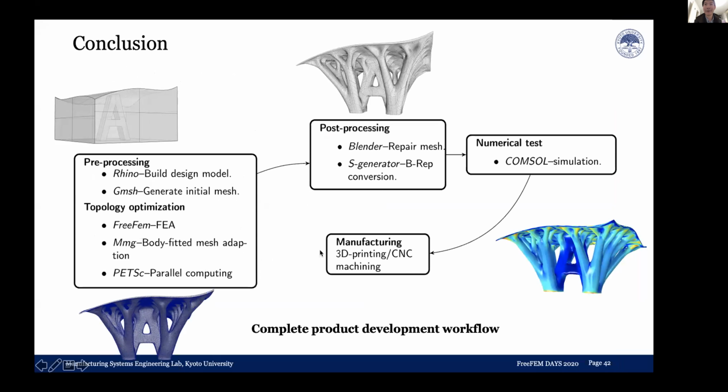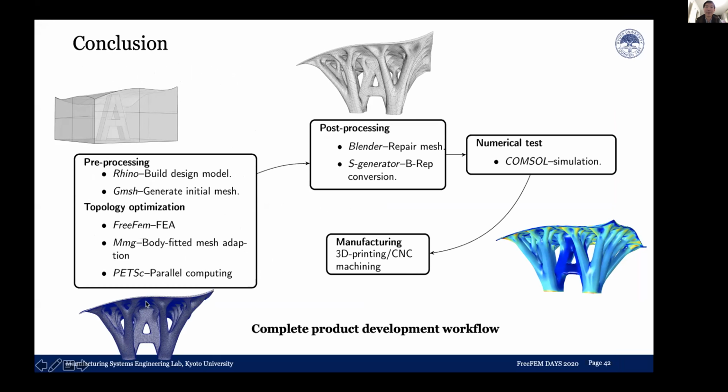So now I'd like to quickly summarize today's presentation. We proposed a complete product development workflow using the topology optimization technique. First, we use the reaction diffusion equation and the topological sensitivity to update the level set function. And FreeFEM interfaced with PETSc allows us to solve large-scale 3D problems.